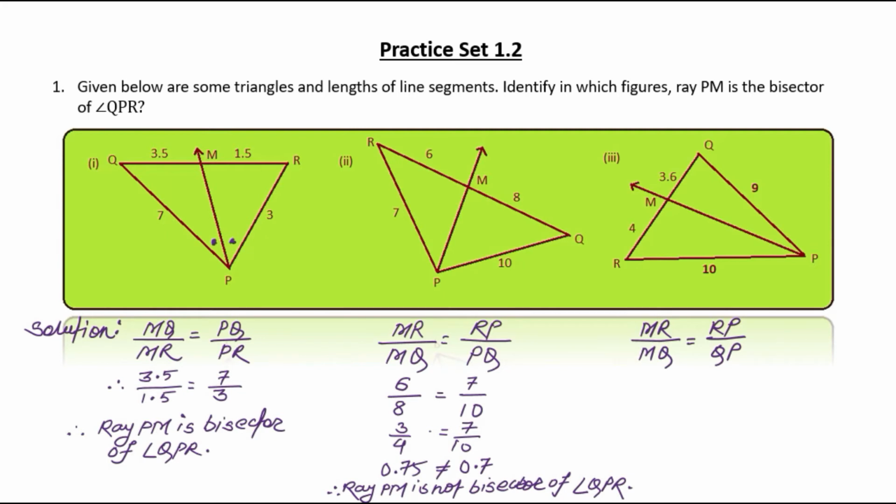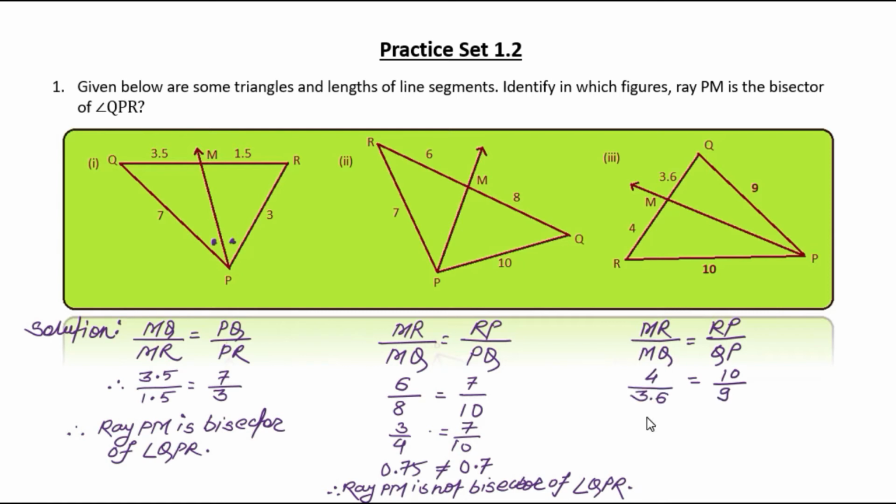Substitute the values. MR is equal to 4, MQ is equal to 3.6. Here RP is equal to 10 and QP is equal to 9.